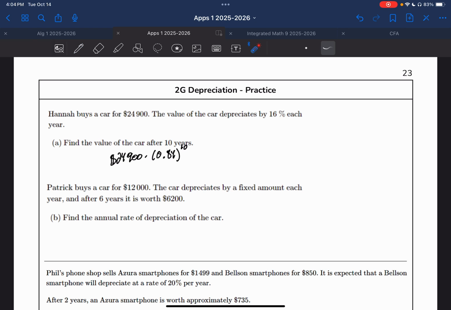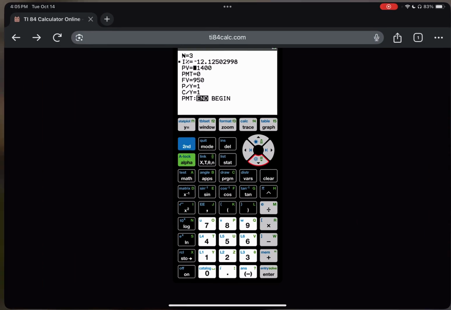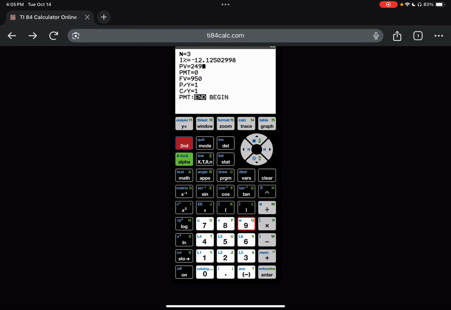Remember that 0.84 is 1 minus 0.16, right? So 1 minus 0.16 gives me that common ratio. So if we do 24,900 times 0.84 to the 10th power.